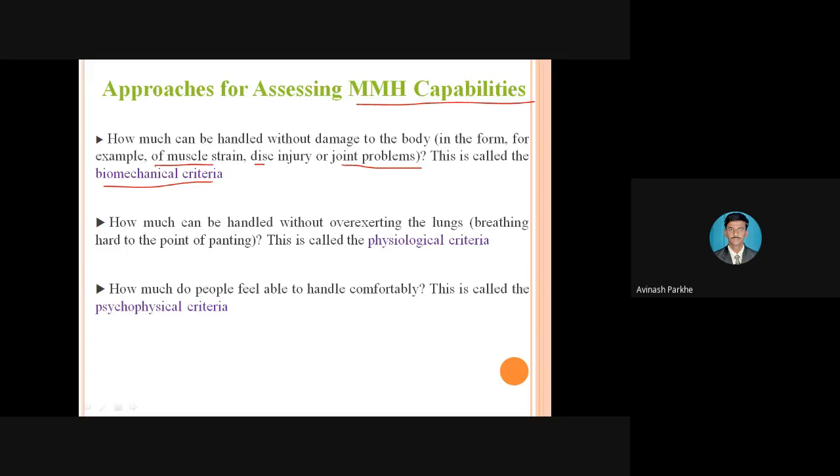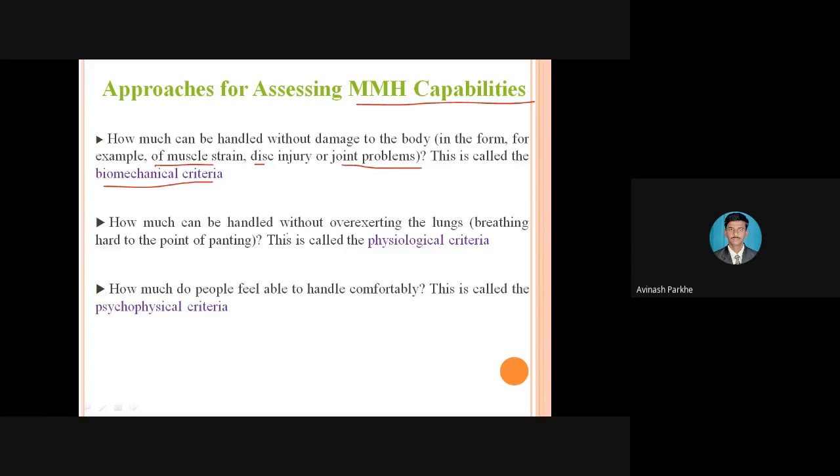There may be some joint problems. If we are lifting heavy duty components, there may be a possibility of back pain. So such types of factors will be considered in the biomechanical approach. Therefore, wherever the operator can handle that particular workload very easily, that concept is called biomechanical.